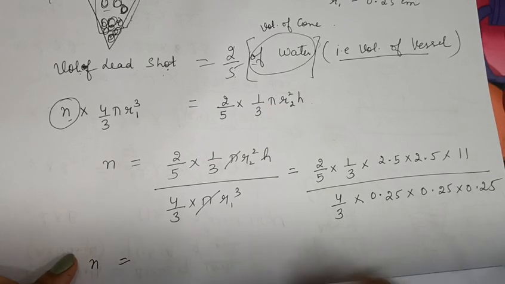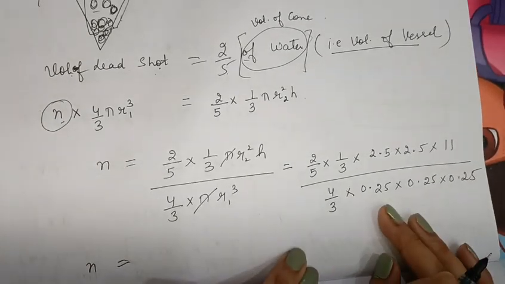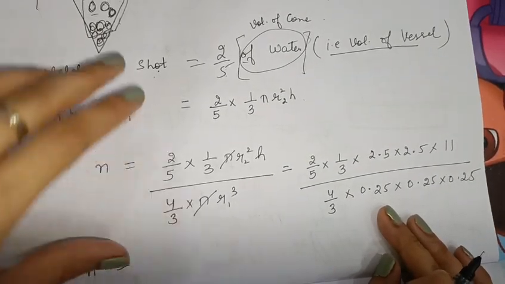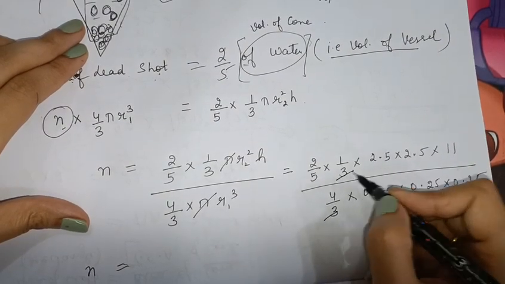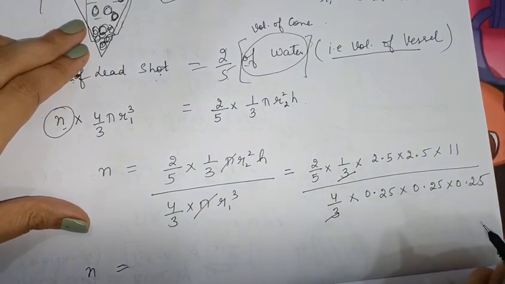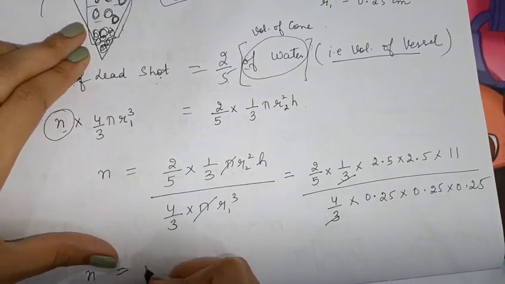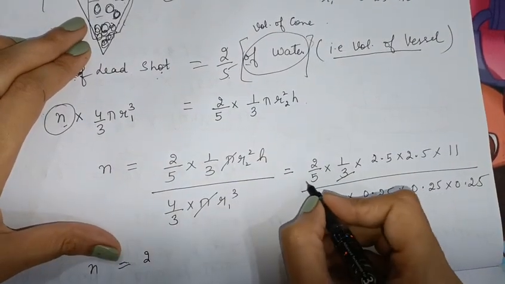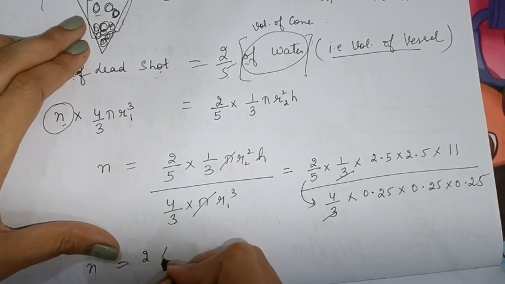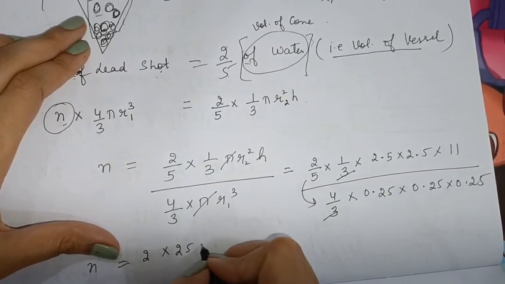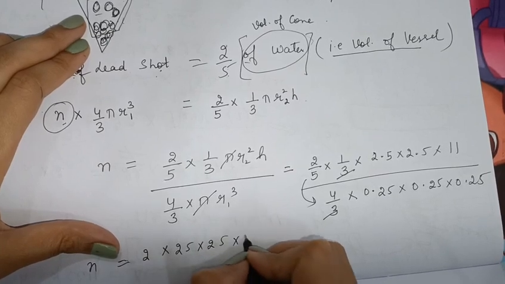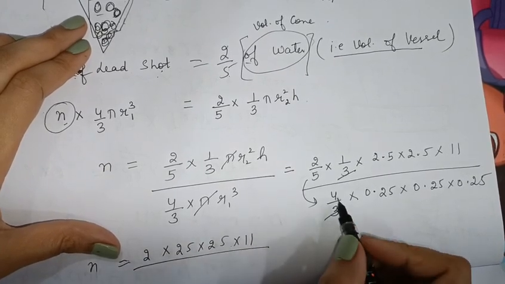So N is equal to, now first of all we'll remove decimals. This 3 and this 3 will get cancelled because both the 3's are in the denominator, and the remaining things we'll write as they are. This 5 will come here, so 2 into 1, no need of writing. 25 into 11, I'm just removing decimals here.